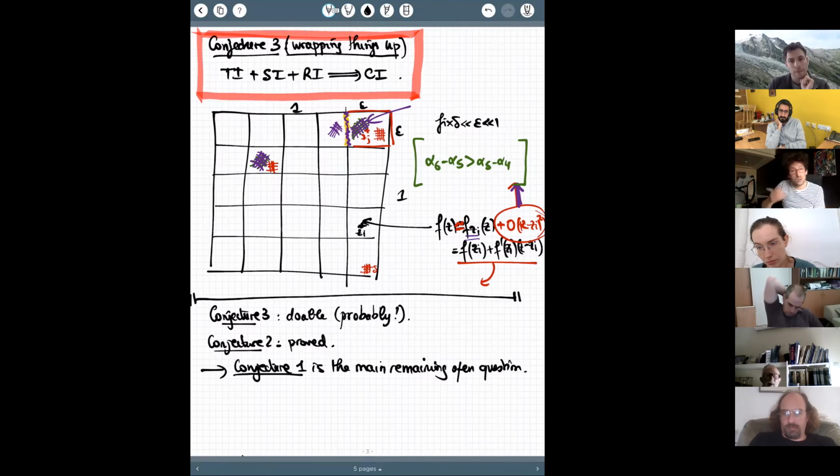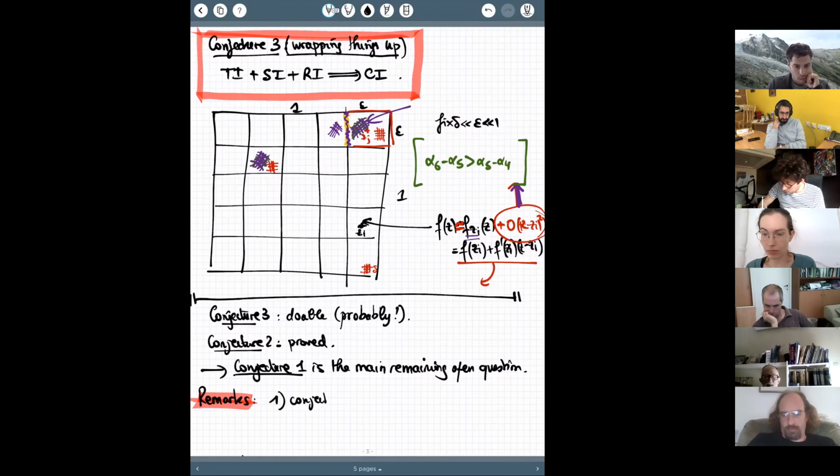At this stage, it's also important to state 2 remarks that are quite important. And then we will dive into the formal statement of the theorems and a little bit of the proof. So the first remark is that this is conjectured for many models.